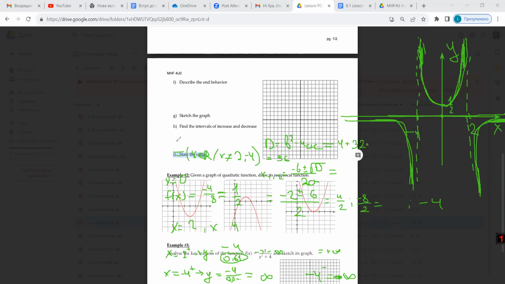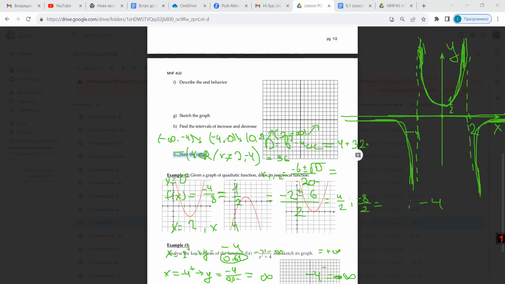So how would you write it down? Negative infinity to negative 4, decreasing, then negative 4, not including, because negative 4 is a vertical asymptote, negative 4 to 0 decreasing, then 0 to 2 increasing, then from 2 to positive infinity, the function is increasing again.